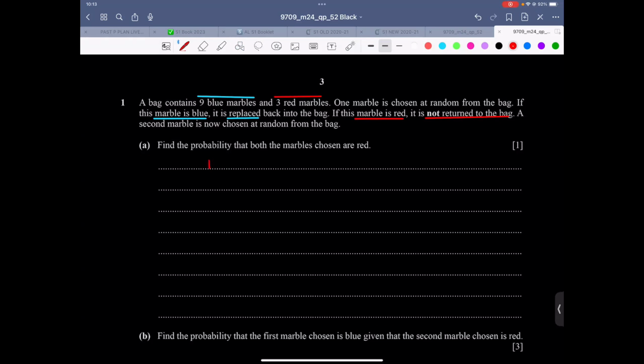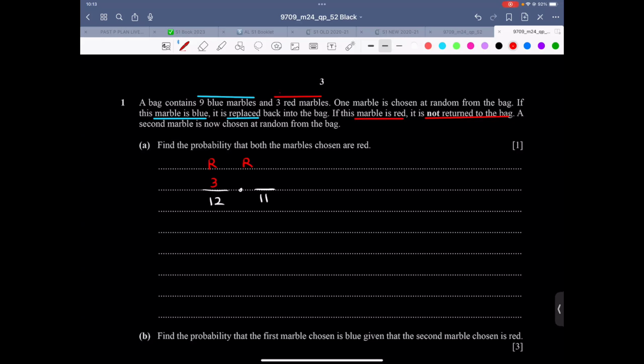That means we are interested in red and red. Let's focus on the denominator. Since this is without replacement, the first denominator is 12, the next denominator is 11. In probability, always focus on the denominator. And what about the number of reds? There were 3 reds initially, so this is 3 out of 12.